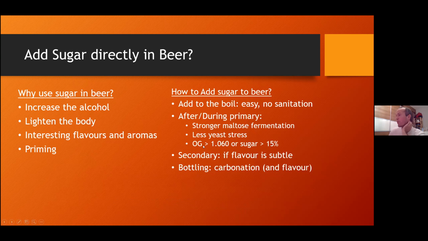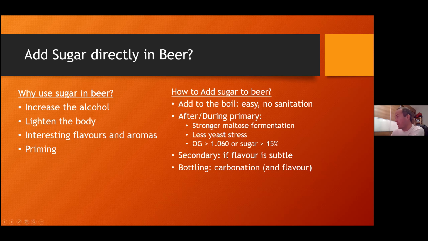So if your original gravity is above 1060 or 15%, then it's probably better to add the sugar later in the fermentation. How I usually do that is I boil some sugar in water, cool it down, and then just add it into primary after day 2 or 3. It works with really high alcohol Belgians, with other beers, maybe barley wines, it doesn't really matter that much.